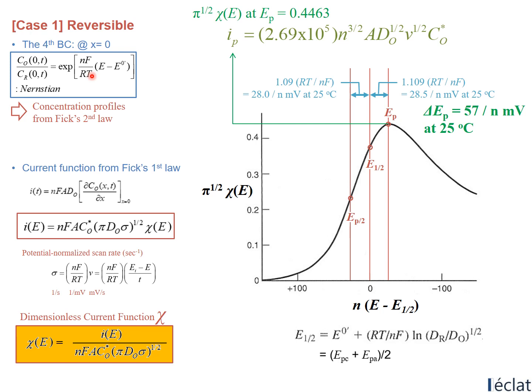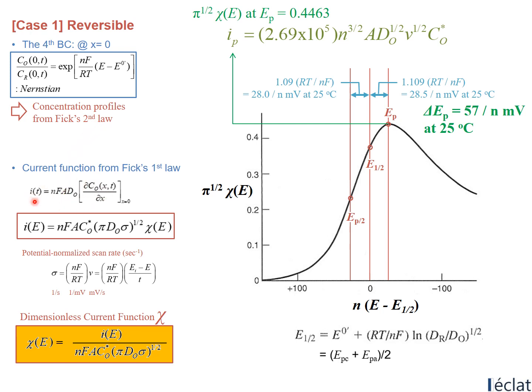Maybe you could use software, or you could trust your hands. Anything is okay. Anyway, concentration profiles as a function of time and x could be obtained from Fick's second law. Then it's time to use Fick's first law.